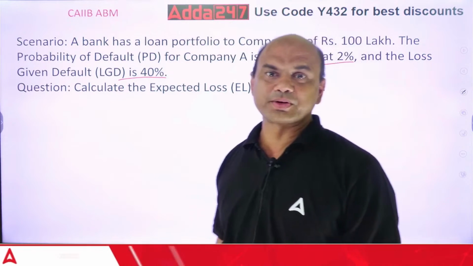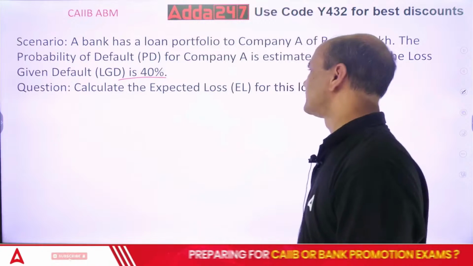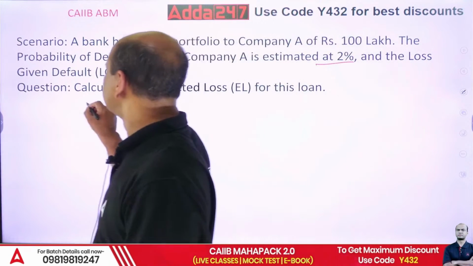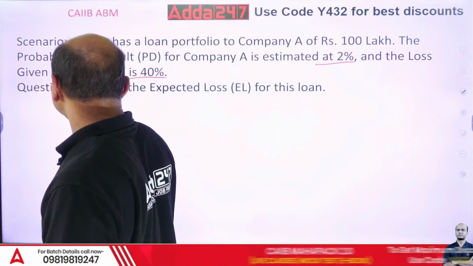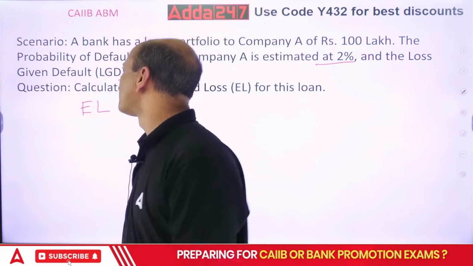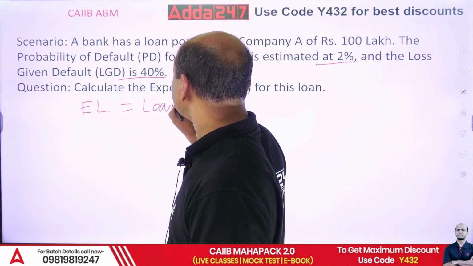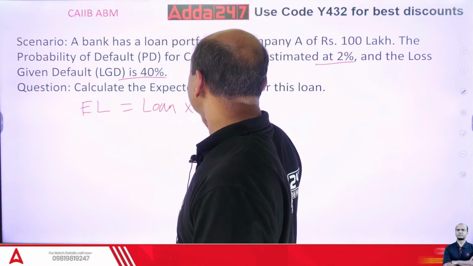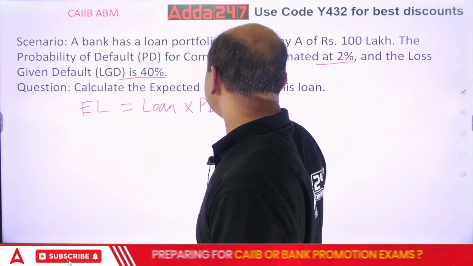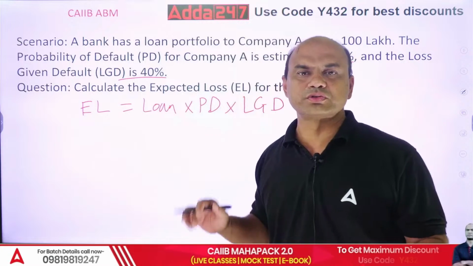How to find the expected loss? Does anyone have the formula? Expected loss equals, I'll write EL only, okay? EL equals loan amount into probability of default into LGD. So simple.